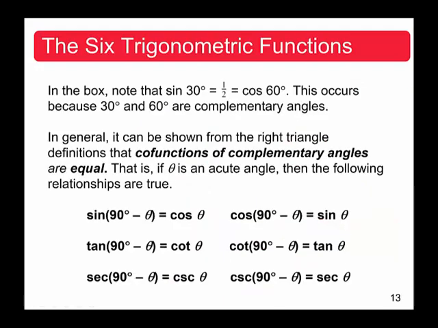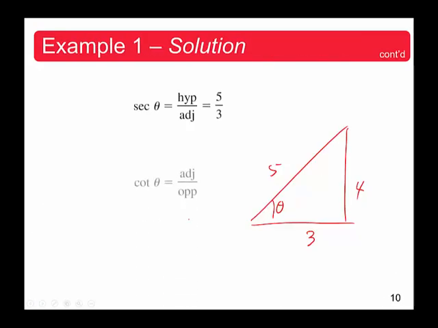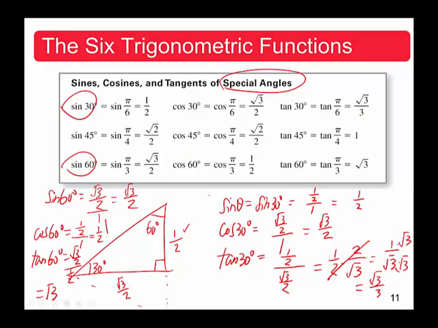Now, as you noticed from the earlier demonstration, sine 30 actually equals cosine 60. They are equal to each other. Cosine 30 equals sine 60 degrees.